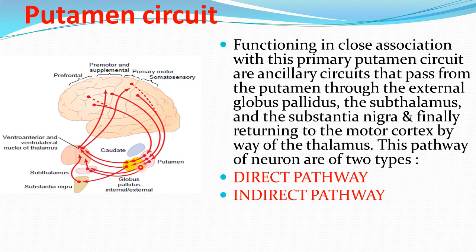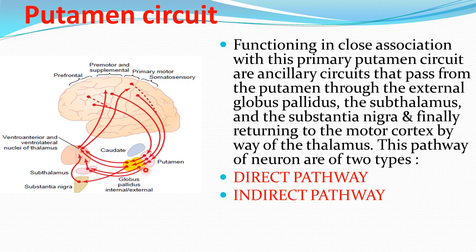In indirect pathway, globus pallidus externus and subthalamic nucleus are involved. From globus pallidus externus it passes to the subthalamic nucleus, and from subthalamic nucleus it passes to the putamen, and from putamen again to the globus pallidus internus and then thalamus. That's why this pathway is known as indirect pathway.